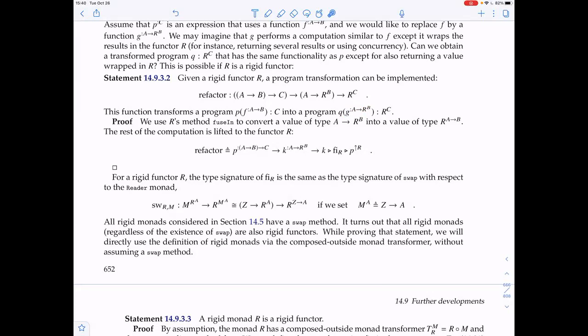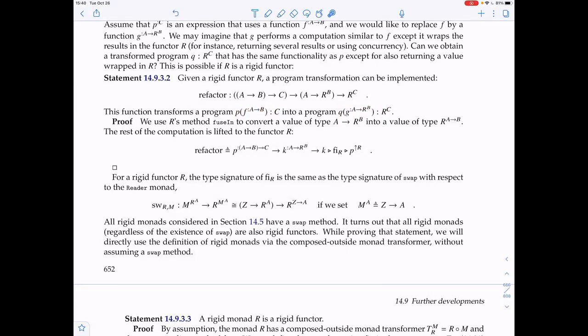And the entire function p must be replaced with some function that also returns a monad. So you want to monadify your code. Instead of returning c, you return some r of c, where r is a monad. And instead of f, you use some function that returns r of b. So imagine that you are putting here some monadic effect.